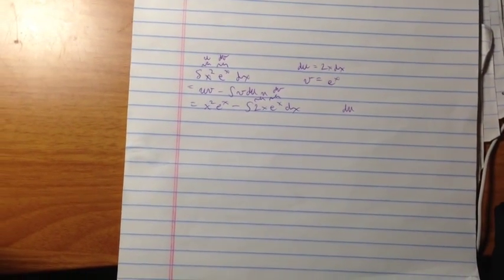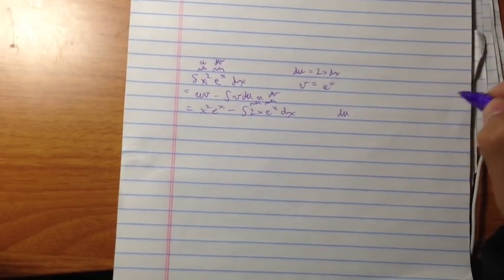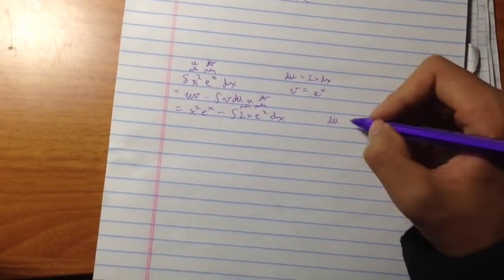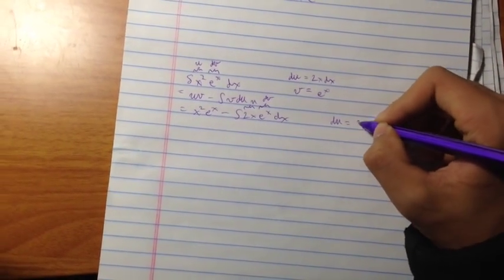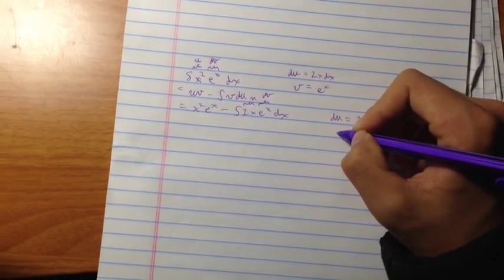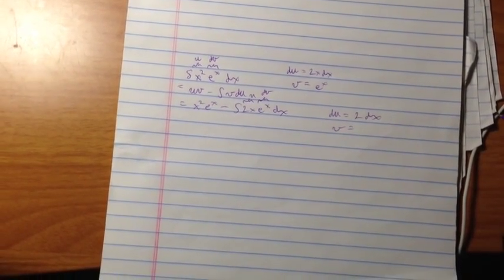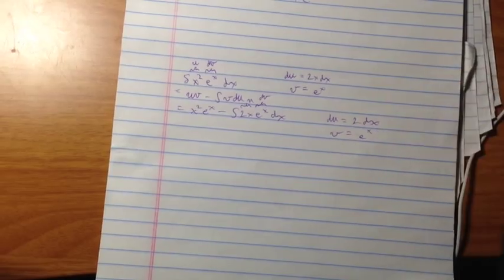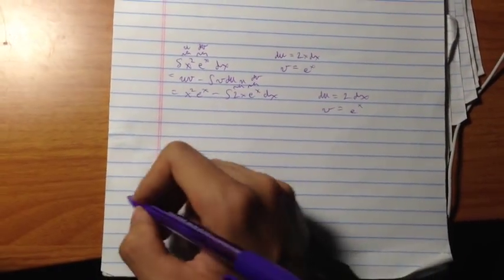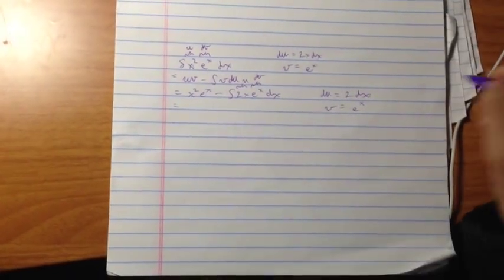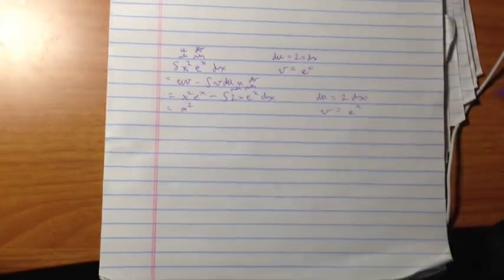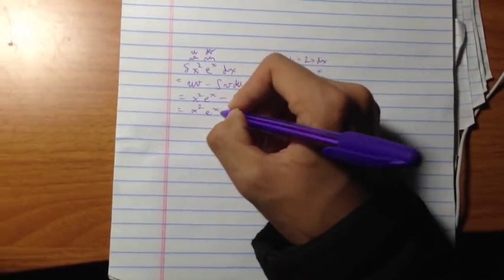du is the derivative of 2x times dx, so that's 2 dx, and v is the integral of e to the x, which is equal to e to the x. Let's plug these terms into the formula.